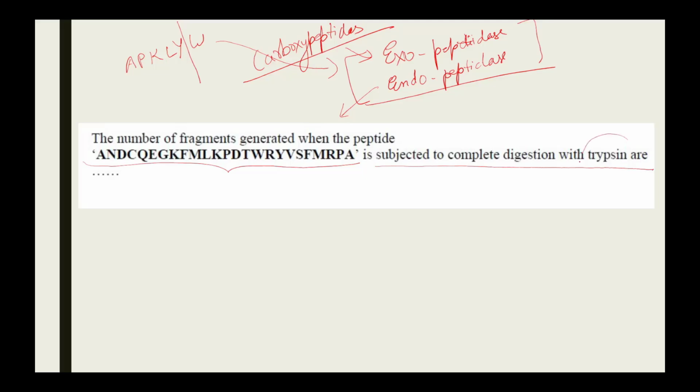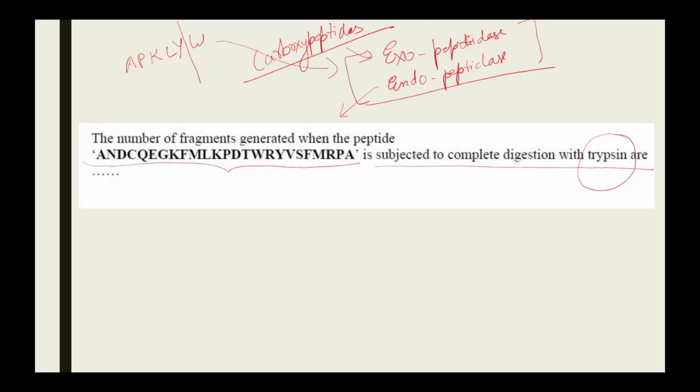So trypsin is one of the endopeptidases, and we also need to understand the residues. For any enzyme activity, it should fit in a particular location in the substrate, known as the active site. The residues recognized by trypsin to perform its action should be known.